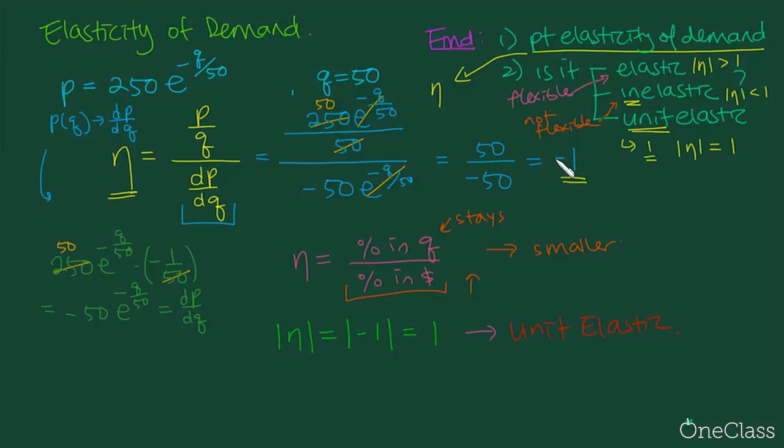The negative sign is discarded, and only the value is of interest. Based on these three criteria, you can write a concluding sentence to show which of the three this particular quantity and price demand function falls under, and say whether it's unit elastic, elastic, or inelastic.